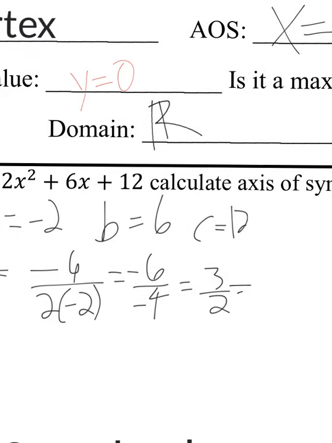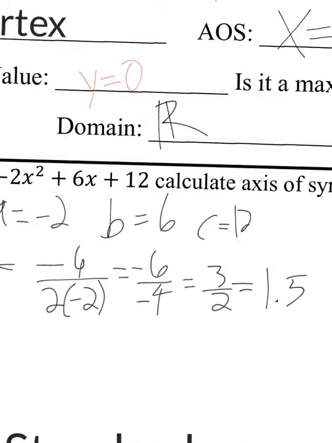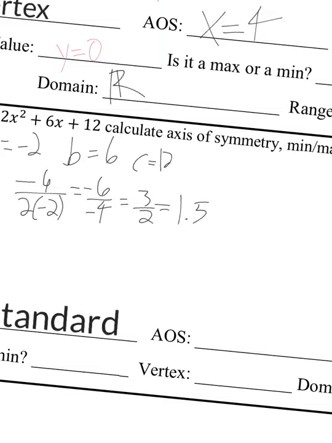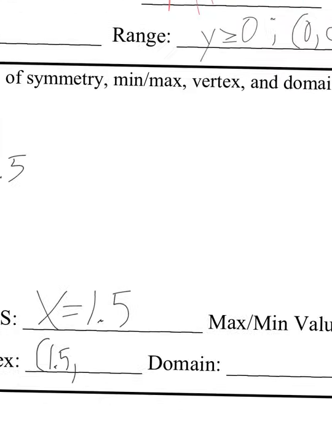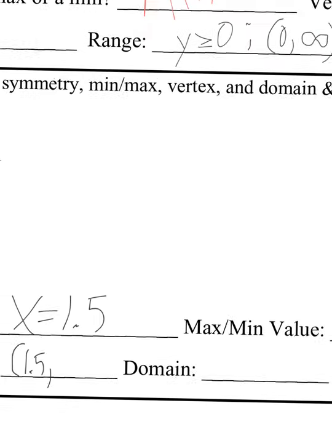It doesn't matter if you leave it as a fraction or approximate it to a decimal, but that's our axis of symmetry. And remember, for the vertex, you can already pencil in 1.5 for the x-coordinate, and then when you get the minimum or maximum value, that'll be the y-coordinate of your vertex. So, speaking of which, let's calculate that minimum or maximum value.